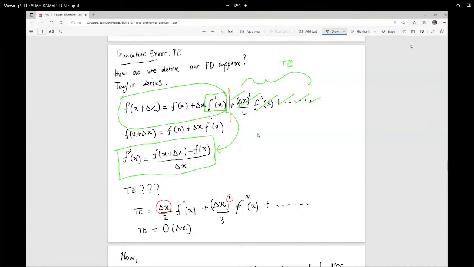How we determine the truncation error is that the term that we remove here, we divide by delta x. That is why we get our truncation error as this one.